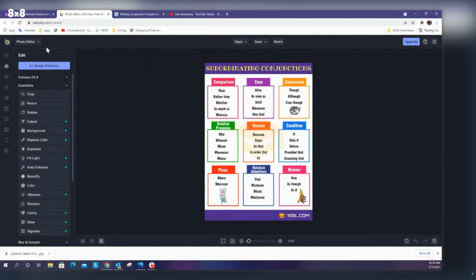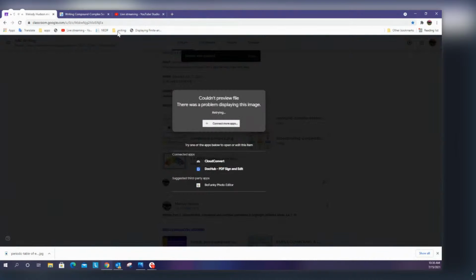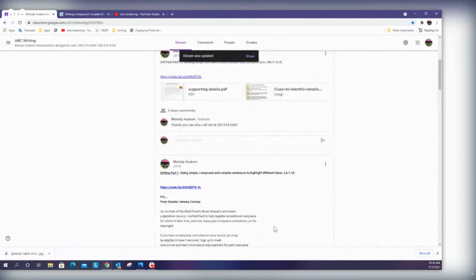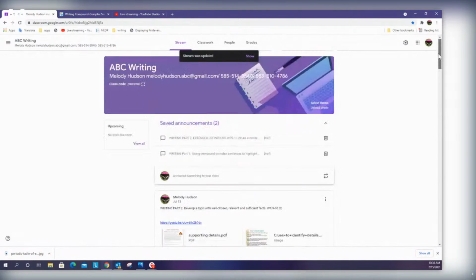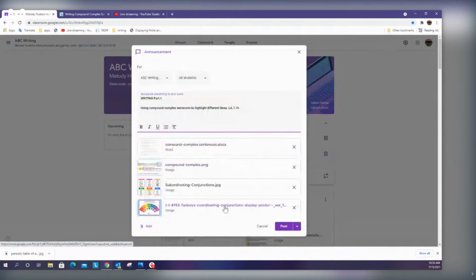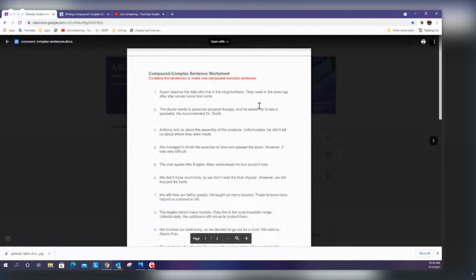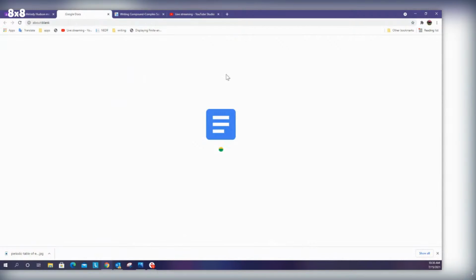So let's see how those all work together. This part was review. So let's take a look at what we're going to work on today. We're going to put all of this together to make compound complex sentences. Let's open this with Google Docs, and that way we can write on it.